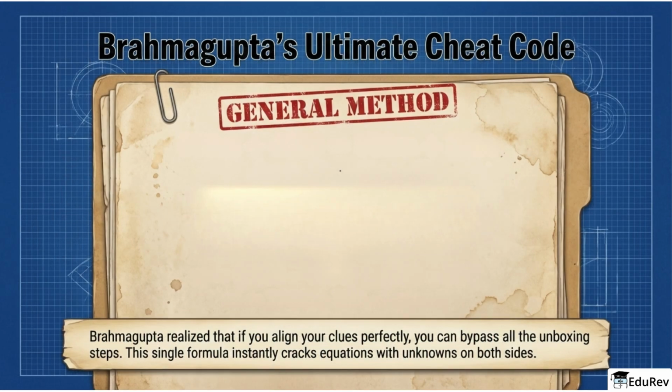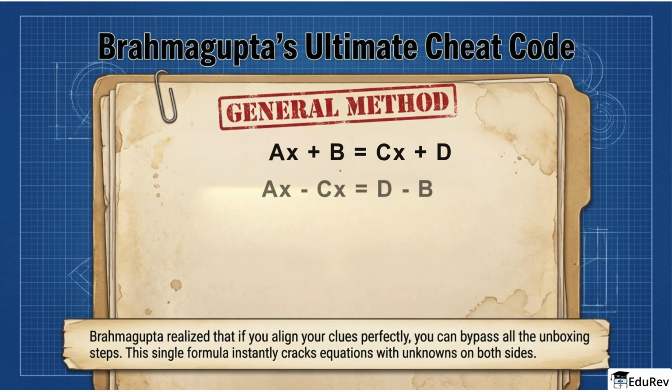Now let's learn the general method. If we have something like ax plus b equals cx plus d, we collect the variable terms on one side and the constant terms on the other. On collecting the like terms on one side, we get ax minus cx equals d minus b.